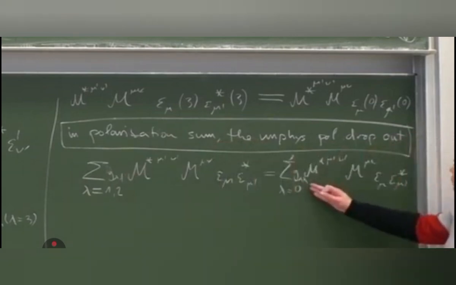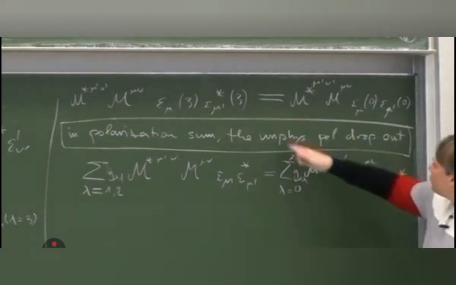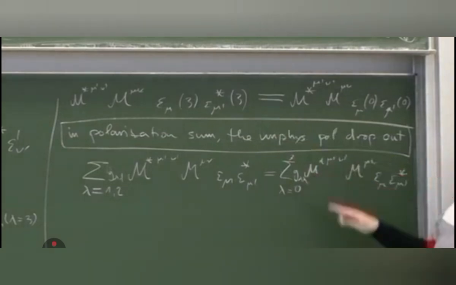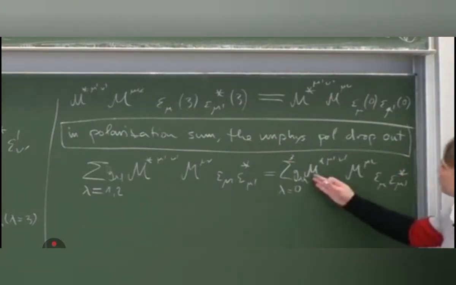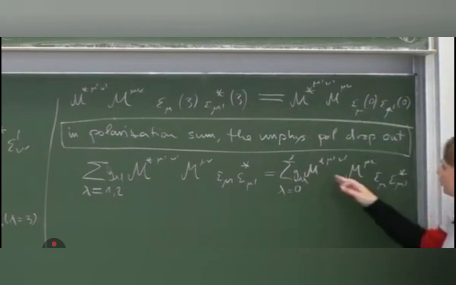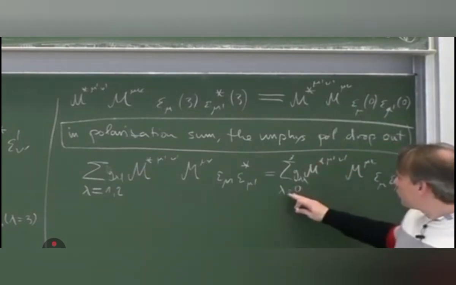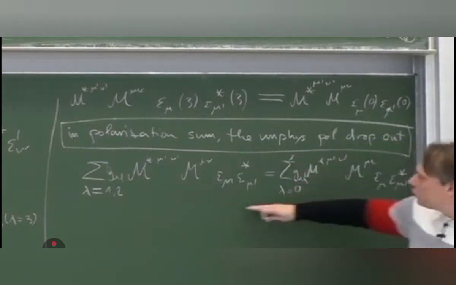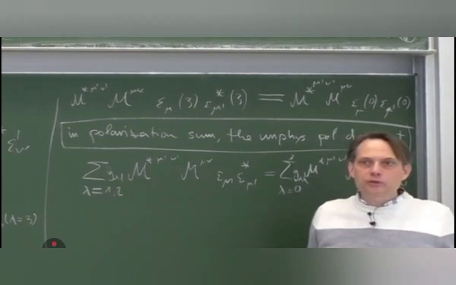So lambda 3 appears with a negative sign, lambda 0 appears with a positive sign, and because of that sign, the two cancel because they are equal. That means in this sum we can sum from 1 to 3 or from 1 to 2, and the result is the same.